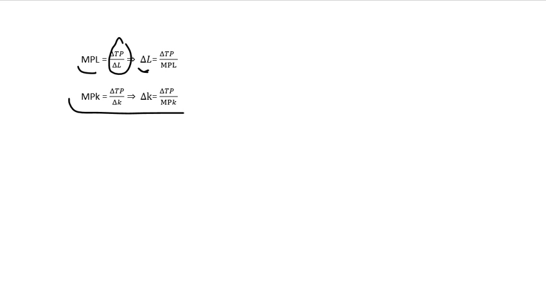And this implies that delta K over delta L is actually this over this. That means it equals this times this over this times this.